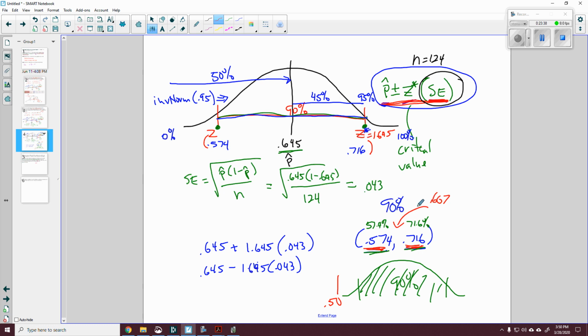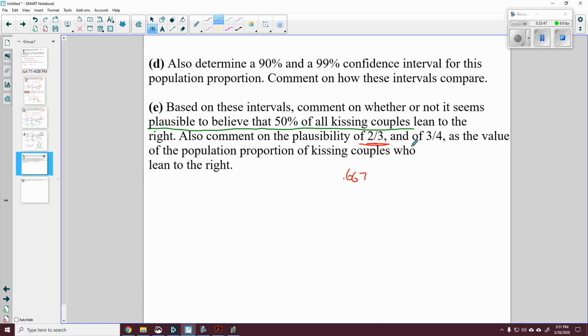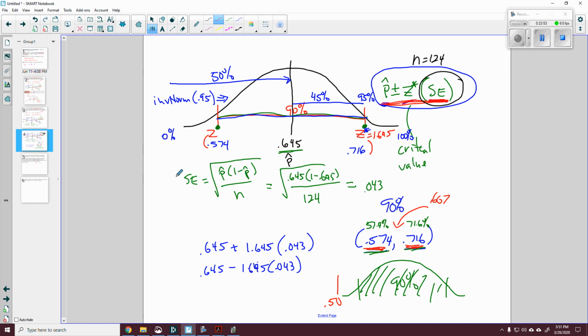It's possible that that could be the actual population parameter. And then the next question, what about 3/4? What about 0.75? Maybe 3/4 of all people turn their head to the right. I come back to my study, and I don't think so. 3/4 is 0.75. That's kind of far out there.